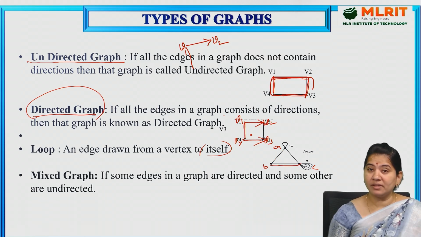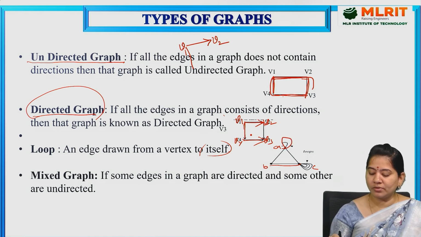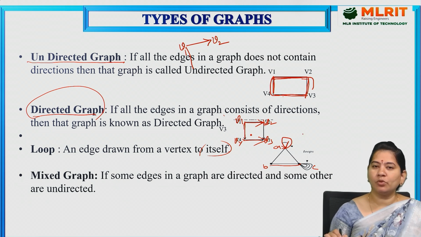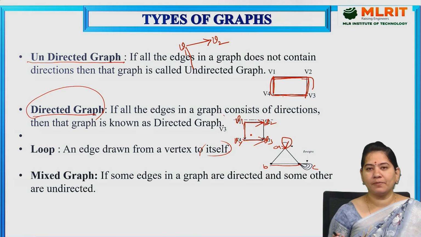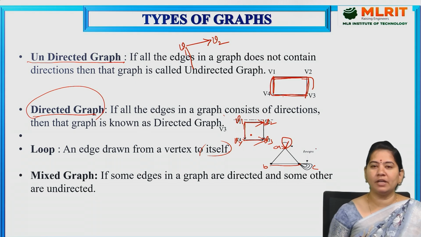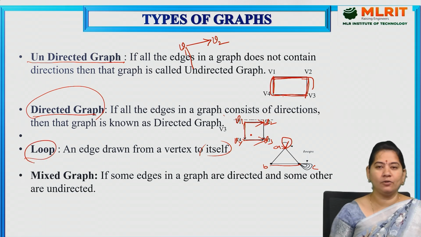But along with these edges we also have another edge from vertex A which is drawn and moves towards A again. Then I can say that it is called a loop, meaning the edge which is drawn from a vertex to itself. An edge is drawn from vertex A and again points towards the same vertex. Then I can say this is called a loop.